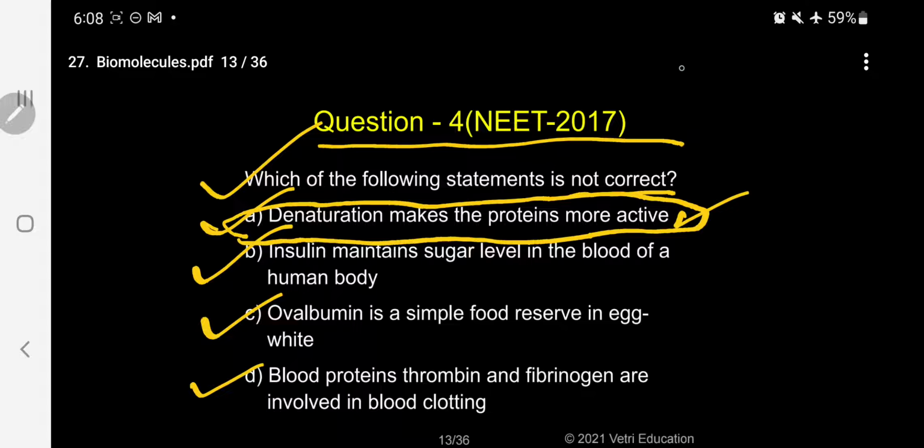Maybe that is the correct answer. So let me explain that. Kindly follow. What is meant by denaturation?